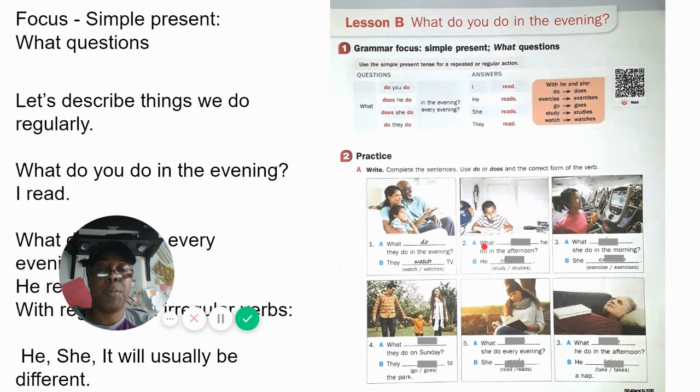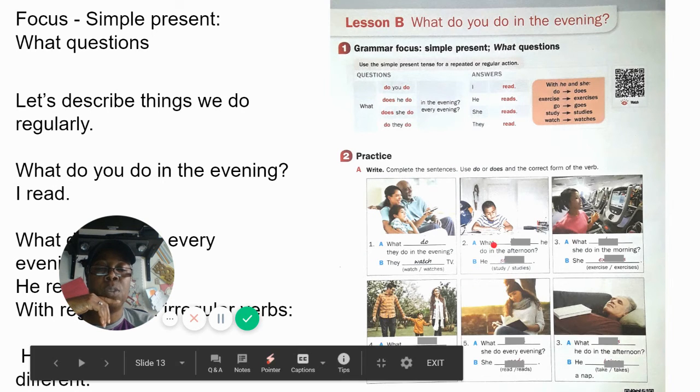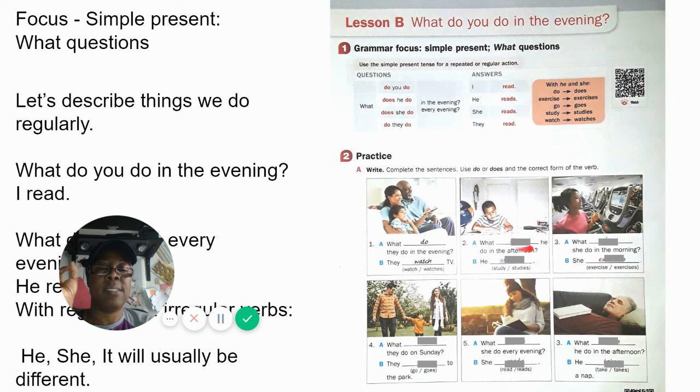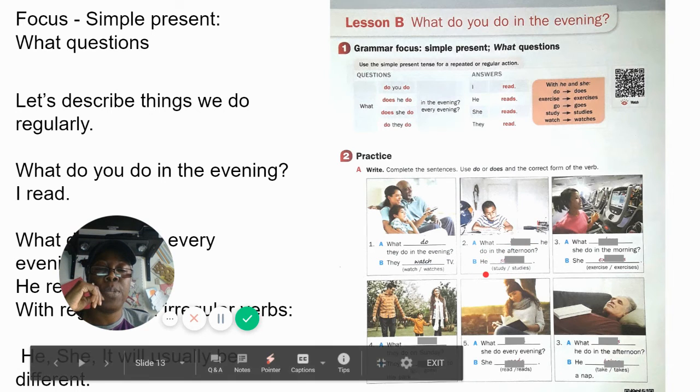Number 2. He is our subject. So if he is our subject, what are we going to put for our question? What does he? And then our answer, so what does he do in the afternoon? And he what?